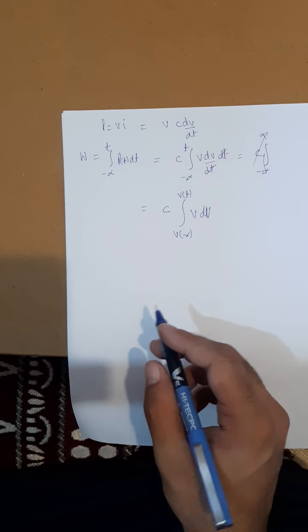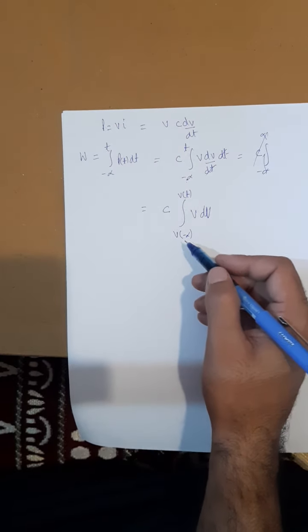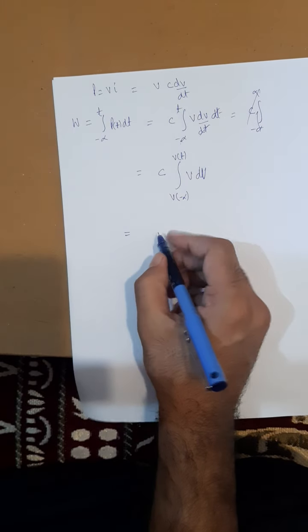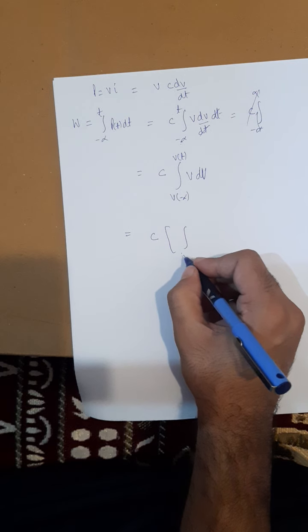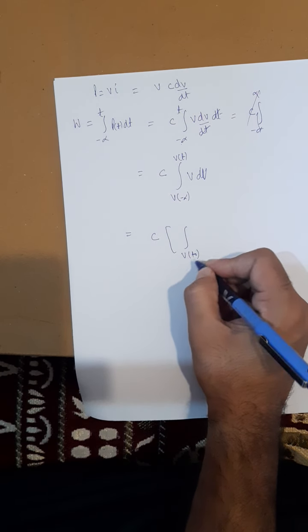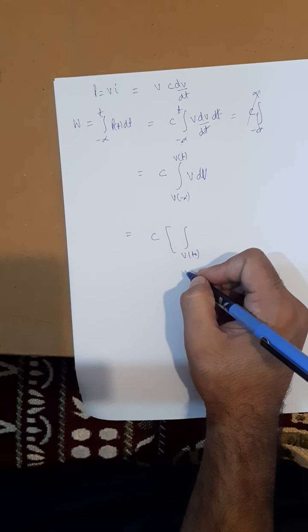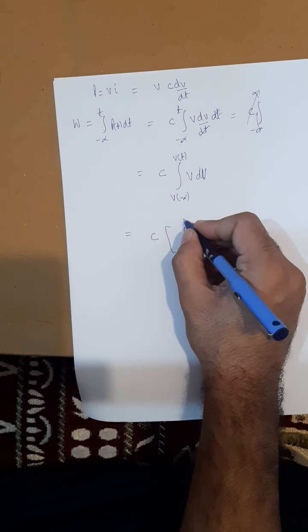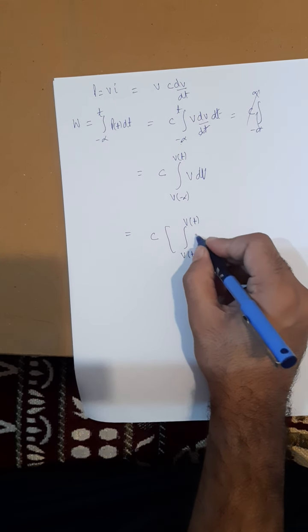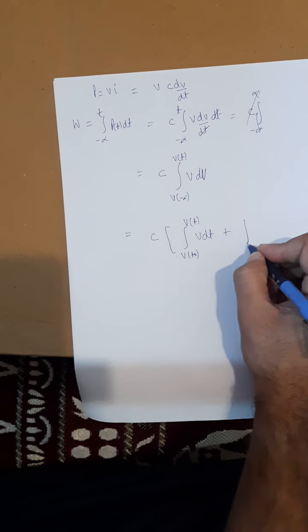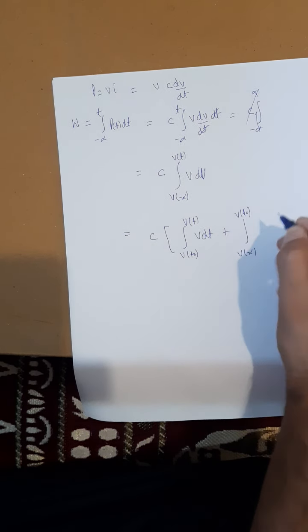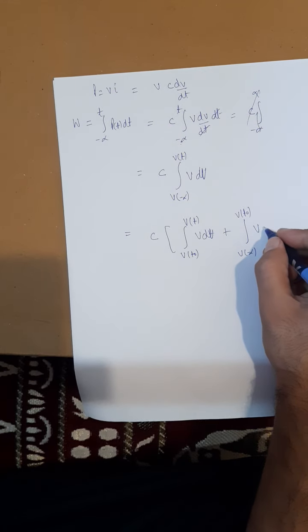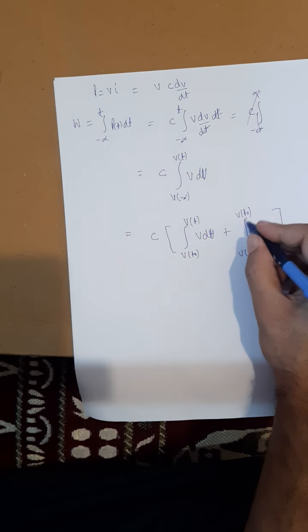Got it? So again I will have two components here. I can replace it by C times the integral from v at t naught to v at t of v dv, plus the integral from v at minus infinity to v at t naught of v dv.